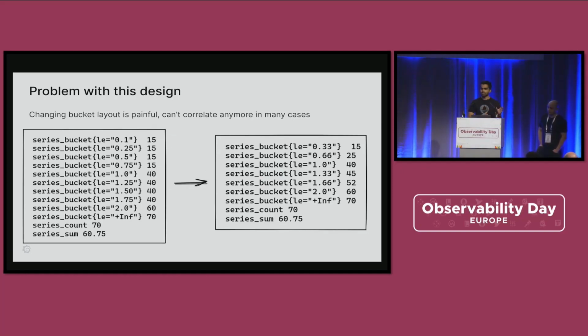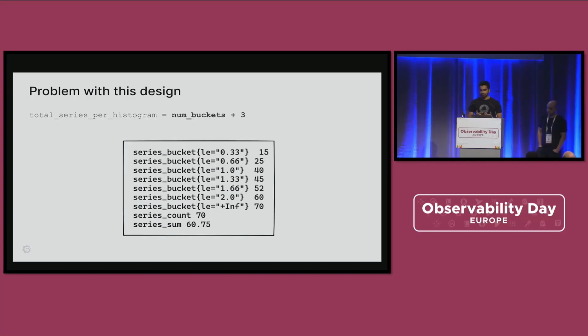So you had one bucket layout, now you have a different bucket layout. You cannot mix and match them once you have changed the buckets. Also, it takes a while to propagate all these changes across your system, and you have to wait for a long time so that all of them have the same bucket layout. And yeah, again, coming back to the same thing, it takes a lot of time series here.